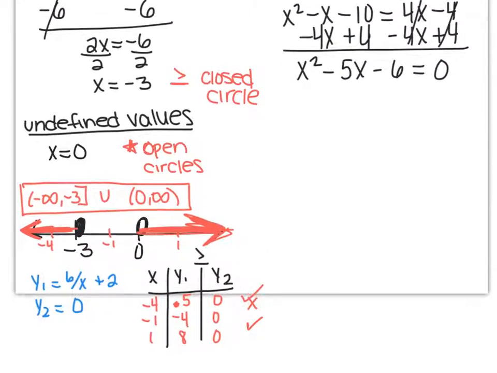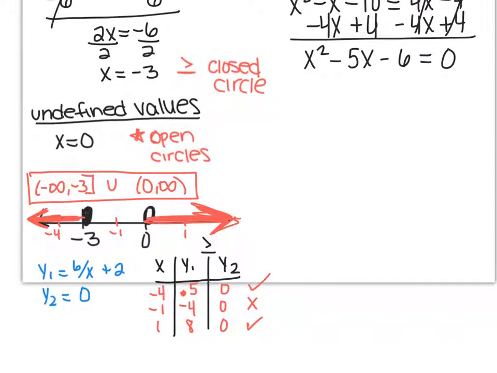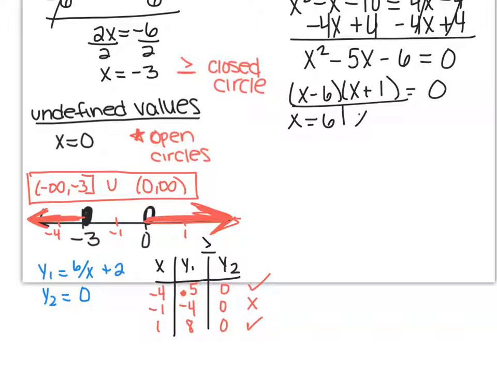And I'm going to factor. So x minus 6, x plus 1. And my roots are 6 and -1.